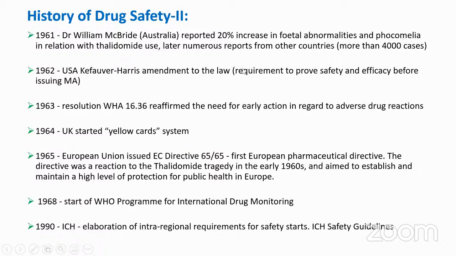Phocomelia is nothing but limb deformities and hand deformities and all that. All these conditions are together called phocomelia. There was a 20% increase in fetal abnormalities. This is all explaining the thalidomide disaster.